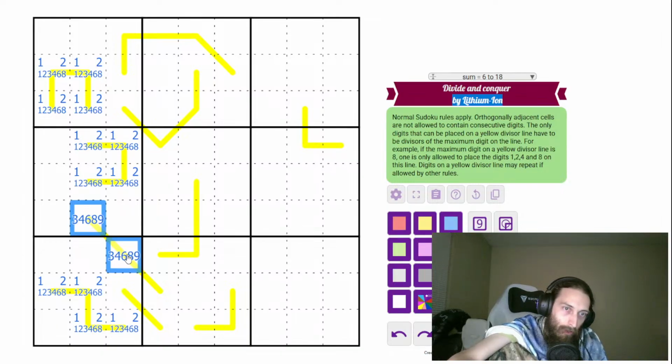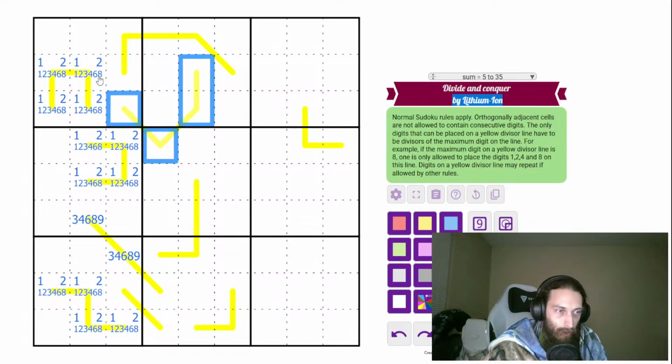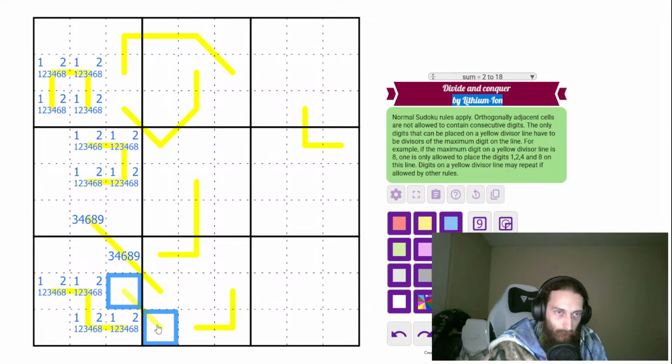The 7 and 5 are locked out of the yellow lines entirely, I think, unless it's 2 cells. Or you can have lots of repetition in a 1.